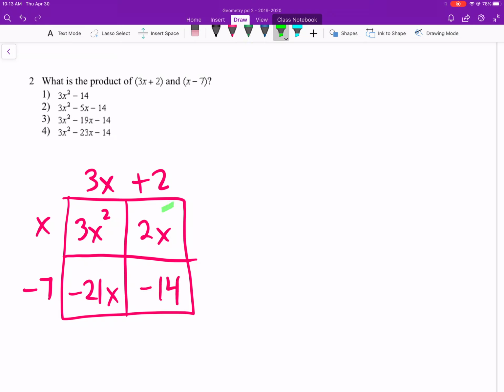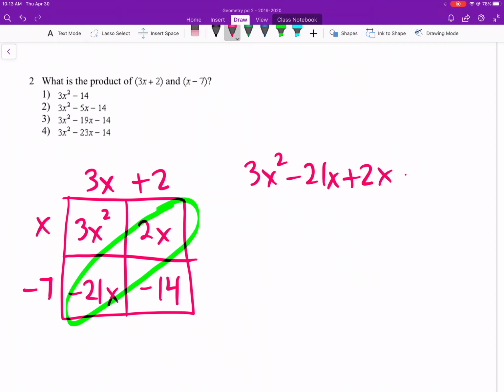Remember, you have like terms here that you need to combine. Those both have an x. It's good to write it out. 3x squared minus 21x plus 2x minus 14. Like terms: 3x squared doesn't have a like term. Negative 14 does not have a like term. So you just rewrite your 3x squared.